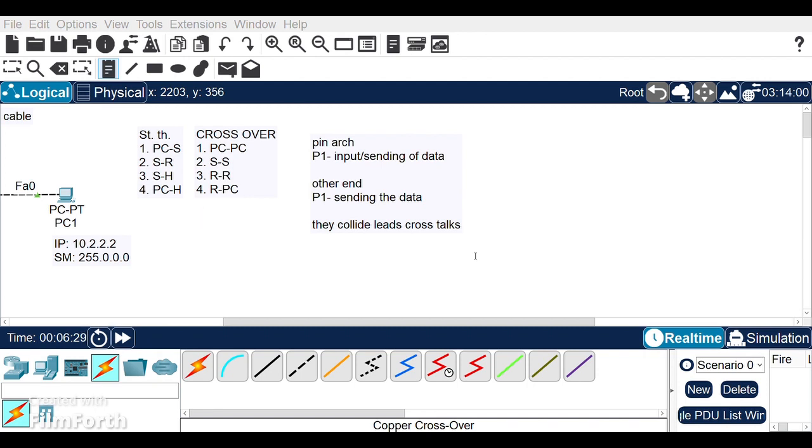The concept of 1, 3, 2, 6 applies, which means the first pin of one end is connected to the third pin of the other end, and the second pin of one end is connected to the sixth pin of the other end. This is what the crossover cable is.